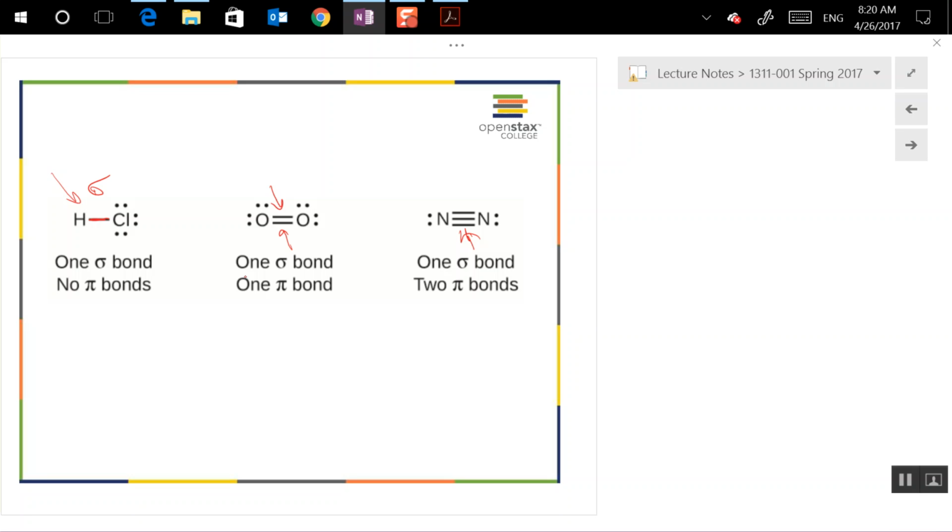So here I have one sigma and one pi. This is my sigma, this is my pi. In the triple bond, I have a sigma and two pi bonds. So you always only have one sigma bond, the other bonds are pi bonds. So sigma, sigma pi, sigma pi pi. And that's how I would identify it on my structures.